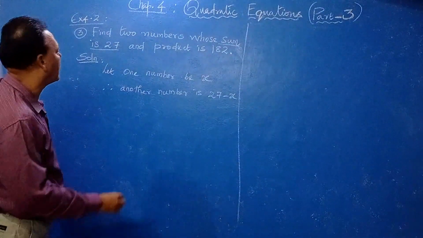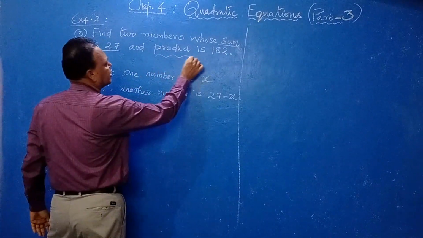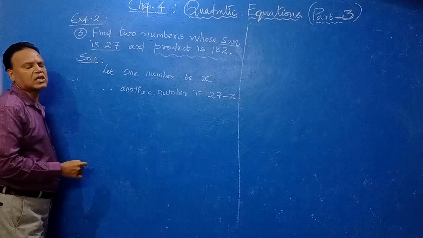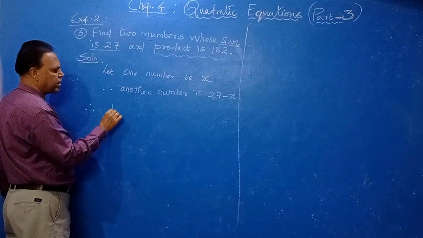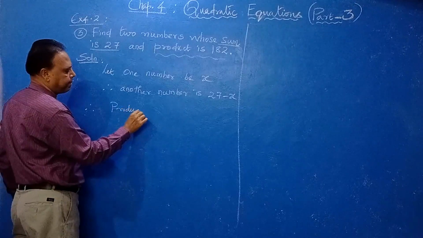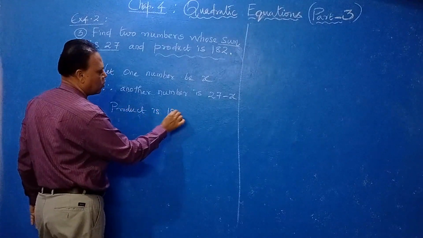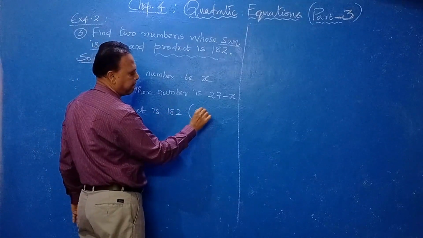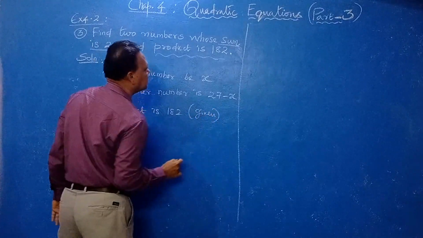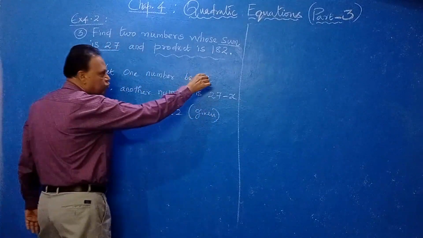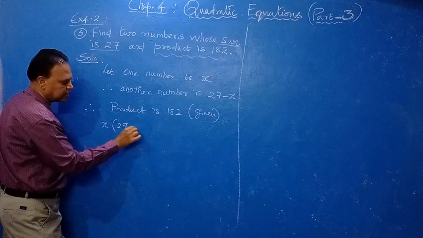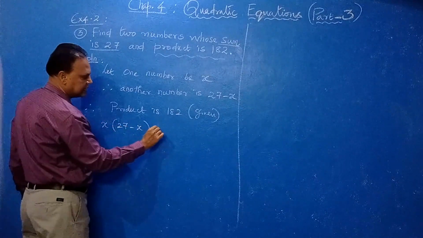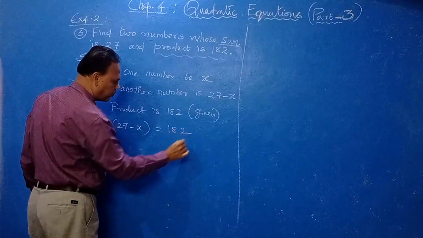So now use another condition: the product is 182. Product means these two numbers you take product. That is x into 27 minus x is equal to 182.